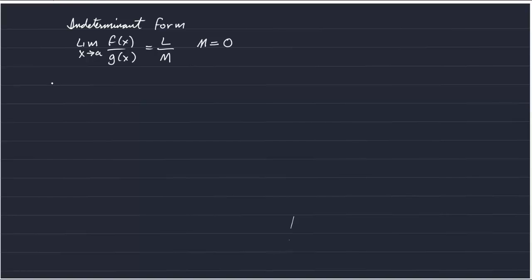So for example, let's look at the limit as x approaches 1 of x squared plus 1 over x minus 1. Right? We can see that the limit of the denominator is 0.